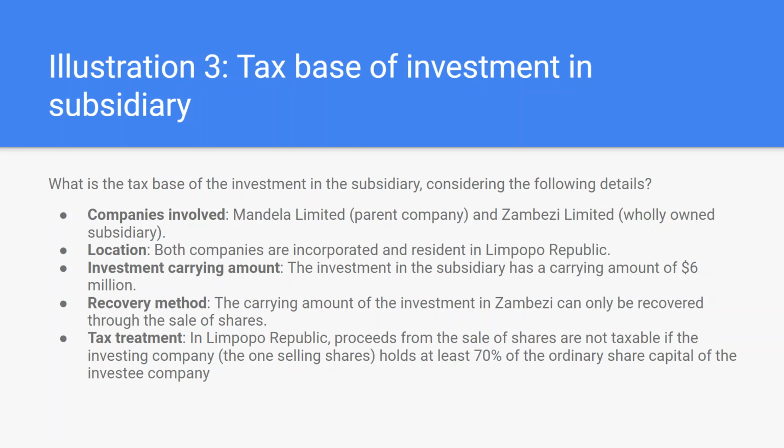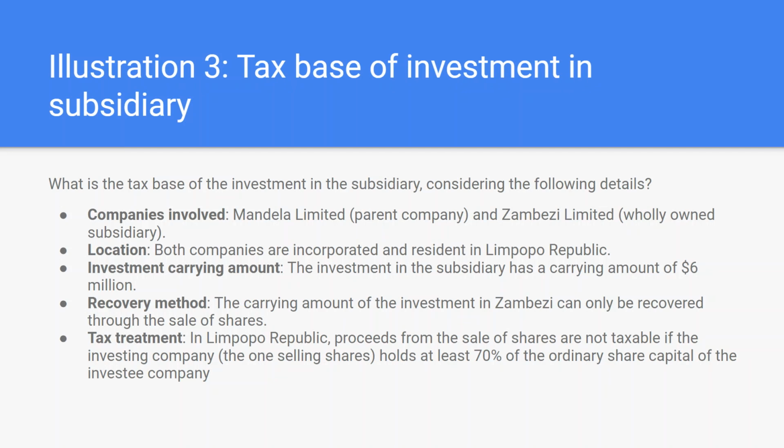The investment in subsidiary has a carrying amount of $6 million, which means that if you look at the balance sheet of Mandela Limited, you're going to see a value of $6 million for investment in subsidiary. And the investment in Zambezi Limited is worth $6 million.